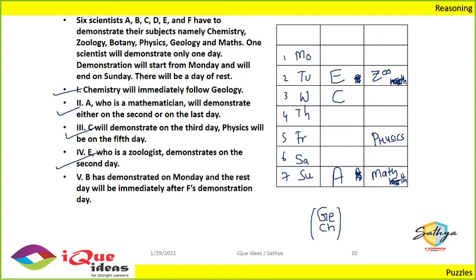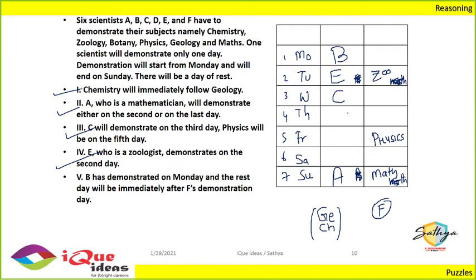Now, B has demonstrated on Monday, and the rest day will be immediately after F, right? So let's check where we can fit in F. F has 3 possibilities. F can be on Thursday, Friday or Saturday. If F is on Thursday, I need Friday to be a rest day, but it is already occupied by physics.